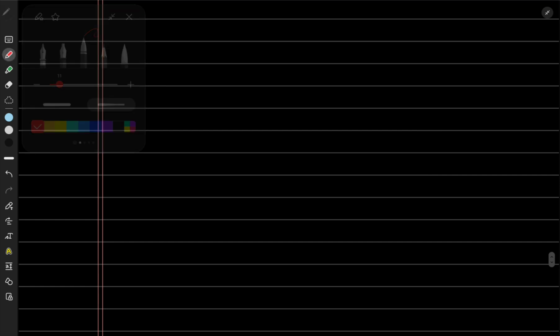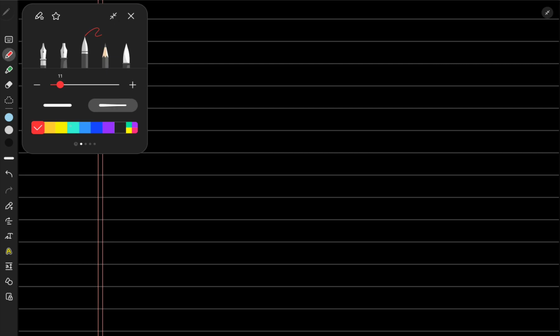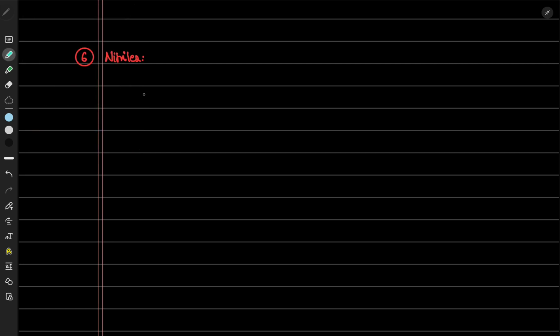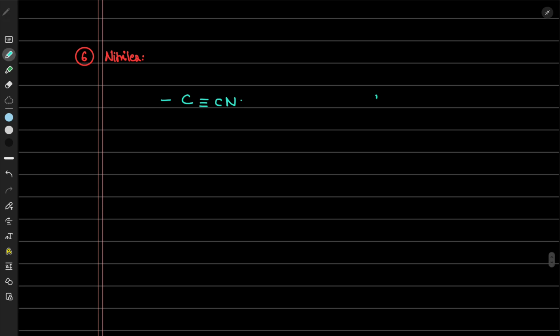Next, we have the sixth homologous series, that is nitriles. Let's look at nitriles. Nitriles are compounds with a carbon triple bond N, right? So whenever we have this functional group, we will call this a nitrile. Now some of you might have this question: is HCN a nitrile?